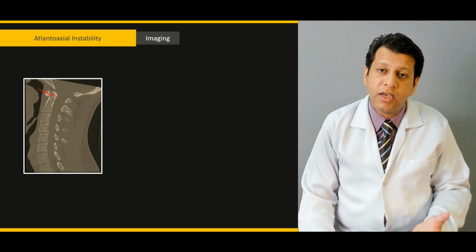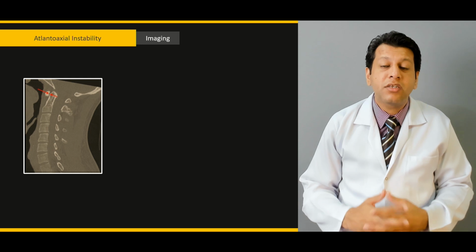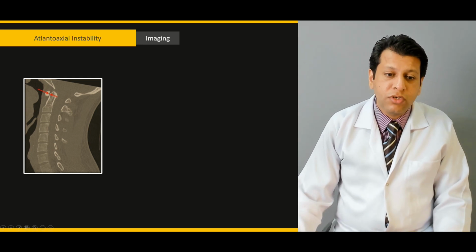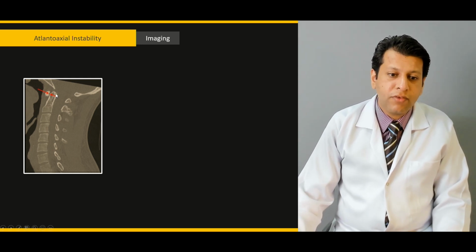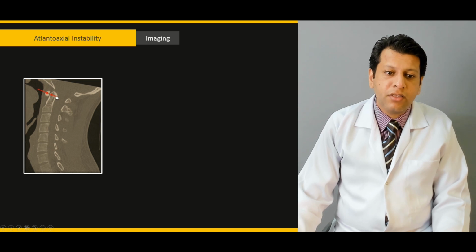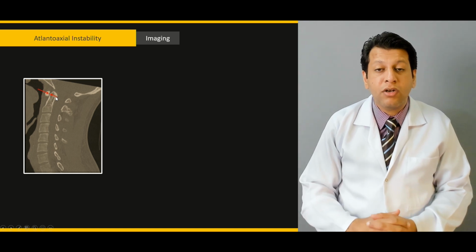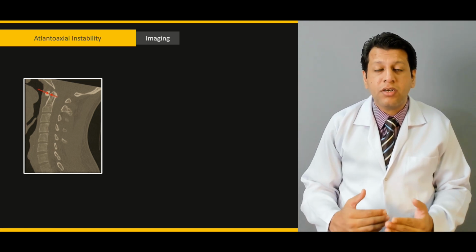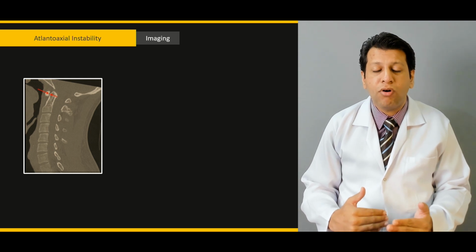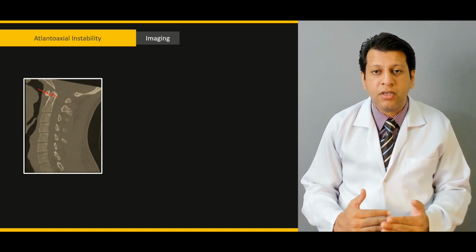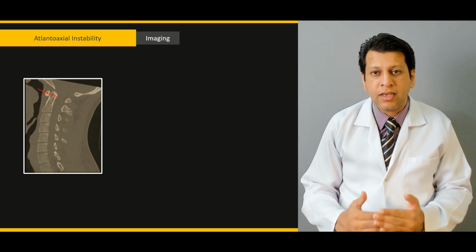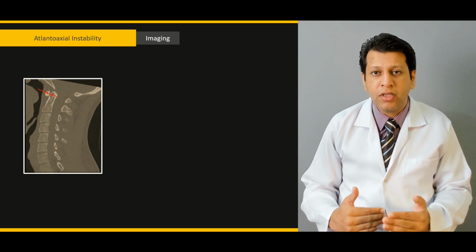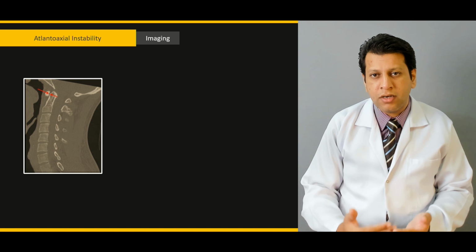What is ADI? That is the Atlanto-Dens Interval. This is where the dens is, and you calculate this distance up to this point. It is the anterior subluxation, how much the axis can go away from the atlas.